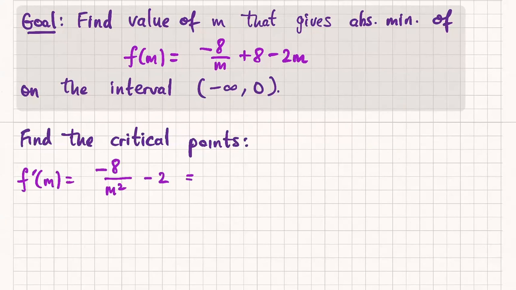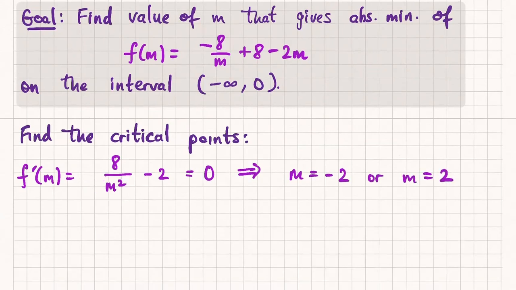Whoops, that's actually not negative 8, it's plus 8 over m squared, my bad. Minus 2 equals 0. And so I solve this and I get m equals, I get m equals negative 2 or m equals 2, right?